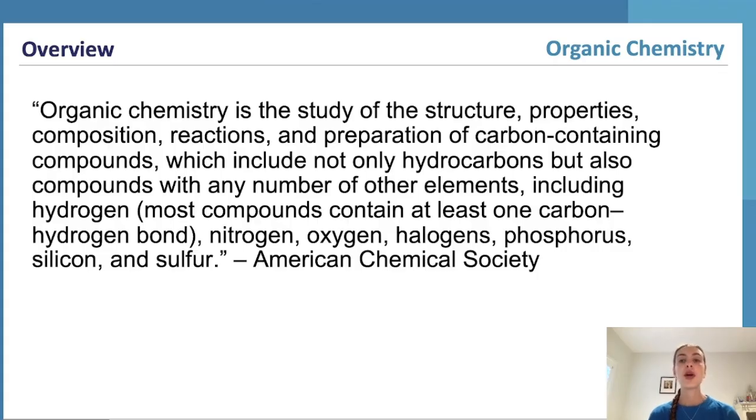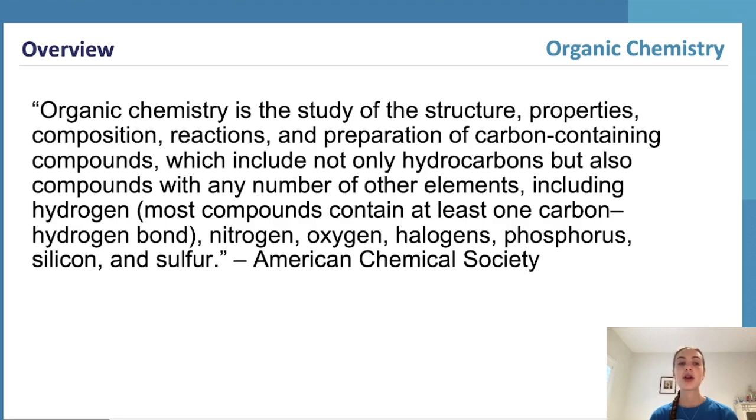So we'll start off with a bit of an overview of what organic chemistry is. According to the American Chemical Society, organic chemistry is basically the study of the structure, properties, composition, reactions, and preparation of compounds which contain carbon, so that includes not only hydrocarbons, but also compounds with any number of other elements, so that could be hydrogen, nitrogen, oxygen, halogens, phosphorus, silicon, and sulfur.